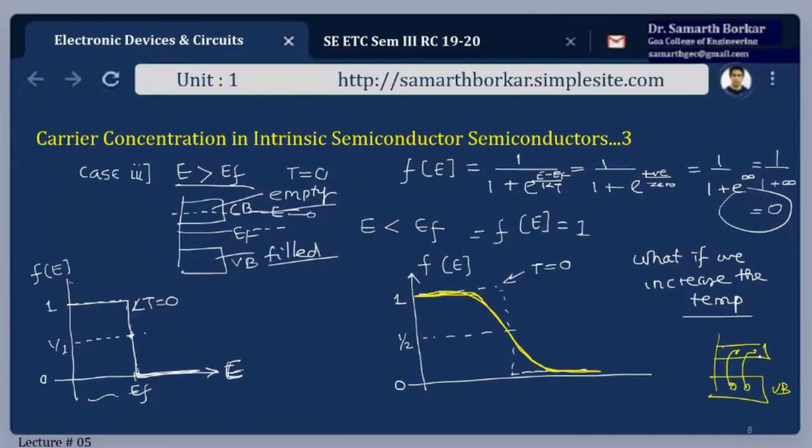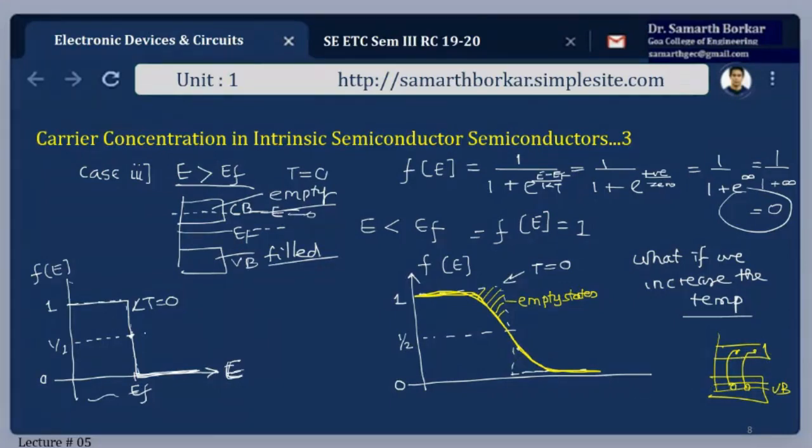Okay. So here now we are going to have empty states. These are called empty states. Why? Because the electrons have left from their parent position. So some energy levels will be empty. Okay. And these electrons will go into the conduction band.